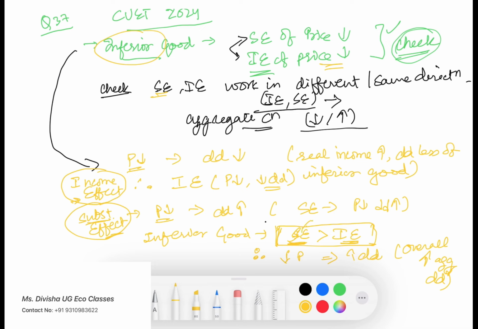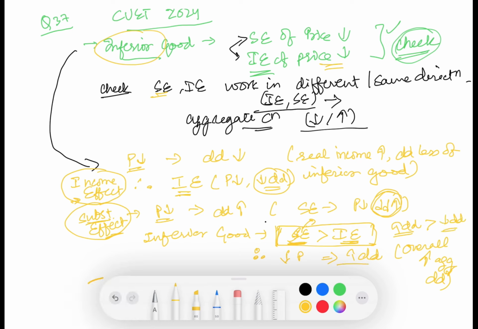Because of the substitution effect there was an increase in demand, and because of the income effect there was a fall in demand, right? So the increase in demand is greater in magnitude than the decrease in demand due to the income effect, and therefore overall there is an increase in demand for the good.